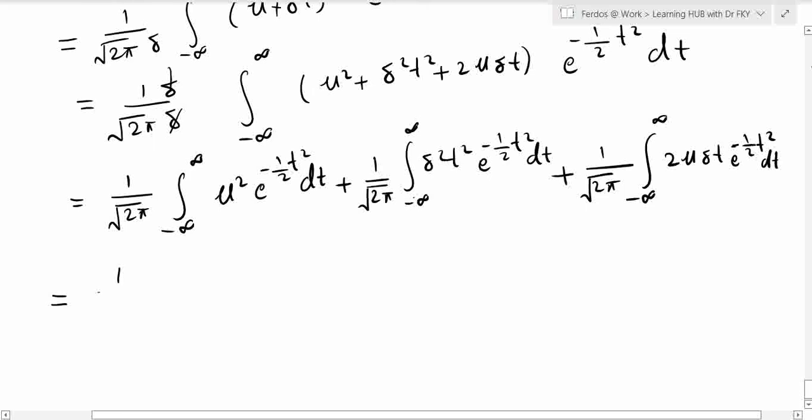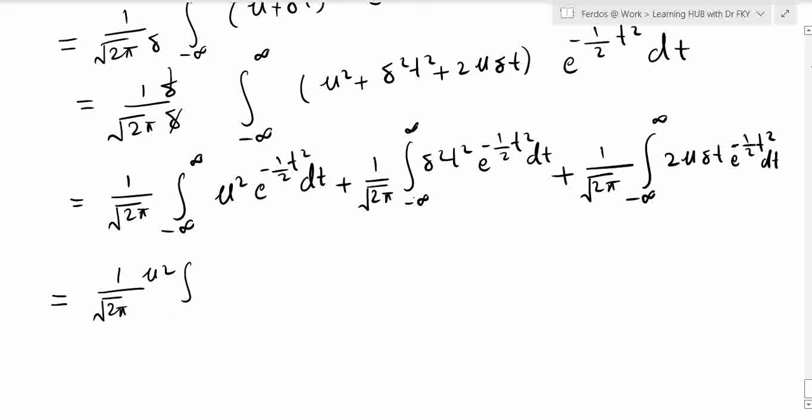This is 1 divided by root 2 pi, and this is mu square, minus infinity to infinity e power minus 1 divided by 2 t square dt, and this is plus 1 divided by root 2 pi.